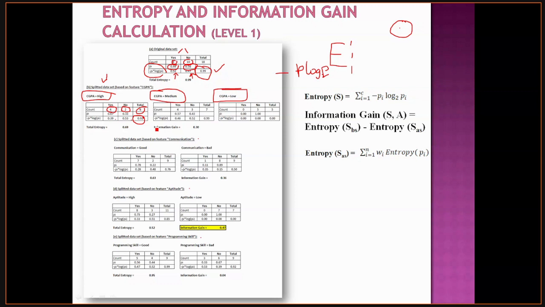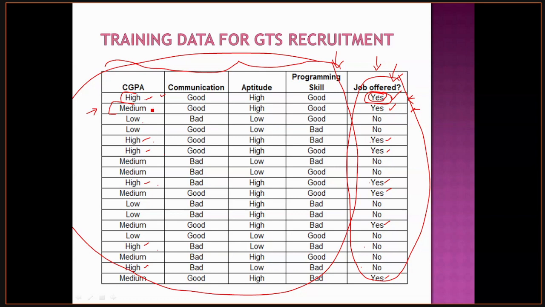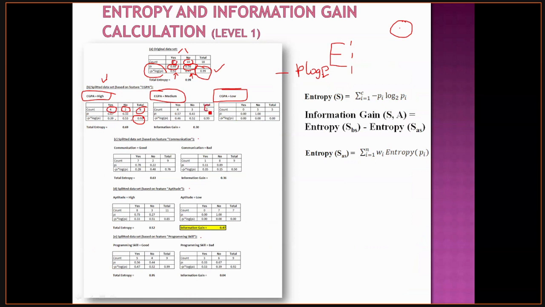Okay. Now I have to go for the portion CGPA medium. So medium, 1, 2, 3, 4, 5, 6, and 7. So there are 7 records with a CGPA value of medium.